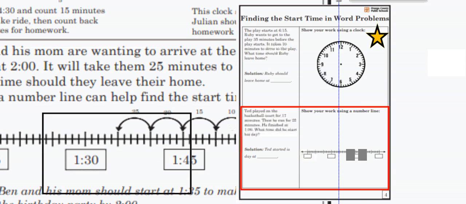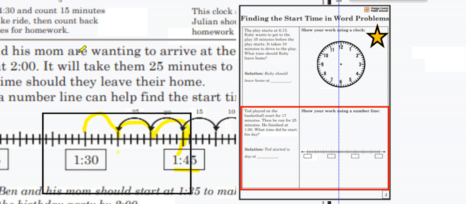They didn't write everything. But if you were to hop from 1:30, 5 more minutes on, that would be 1:35, which is the same answer that we got on the problem that we just worked on. So 1:35, and this will be 1:40, and this one 1:45, which is given to you right here.